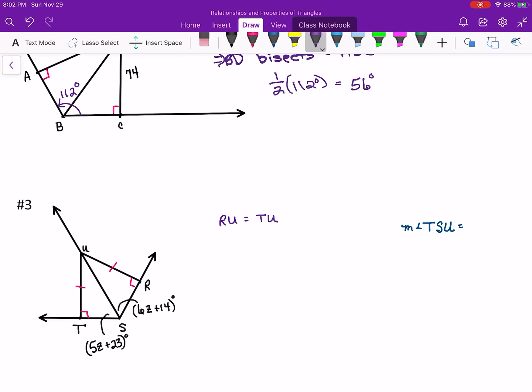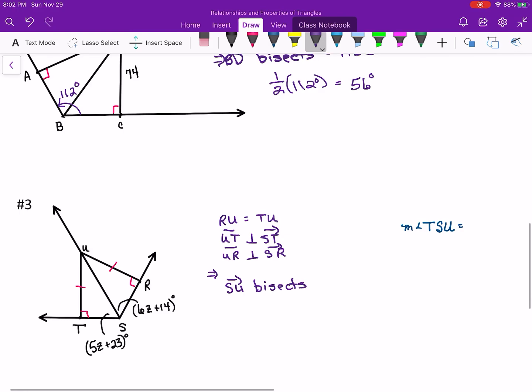We can also see that UT is perpendicular to ST, that ray, and segment UR is perpendicular to SR. So by the converse theorem, that implies that SU, that ray, bisects our angle. Bisects angle RST.